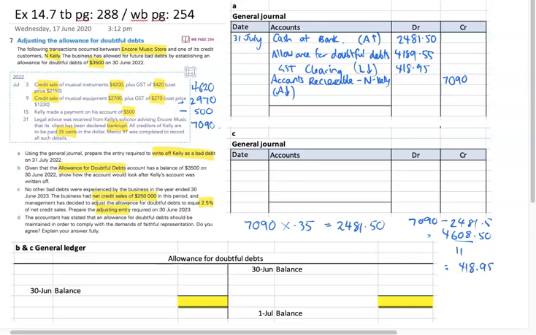We should absolutely do a narration here, and we would do something along the lines of adjusting entry, account written off because customer accounts receivable is irrecoverable, and that should be fine.